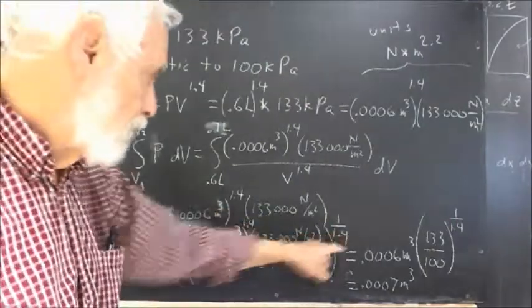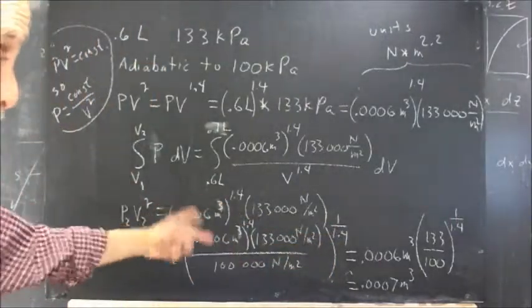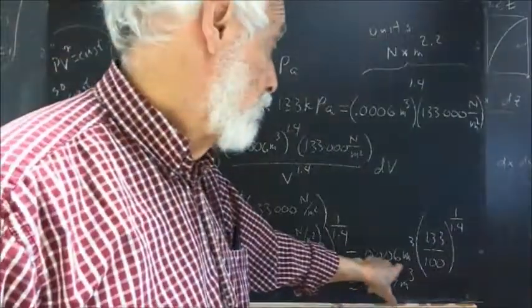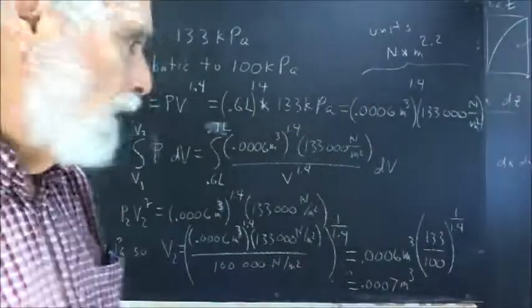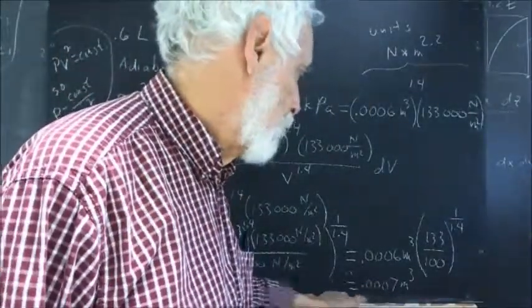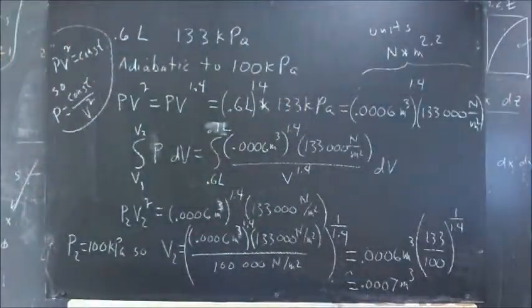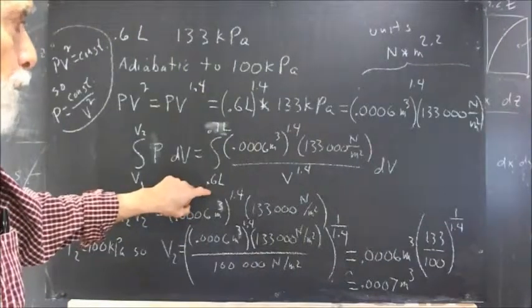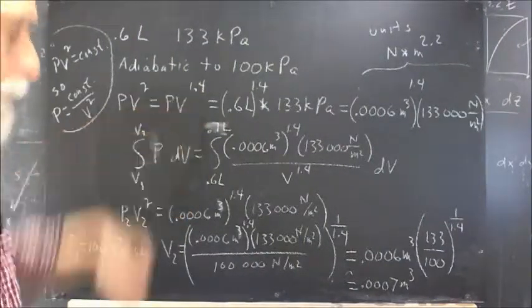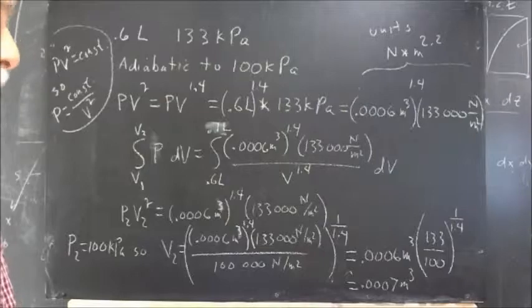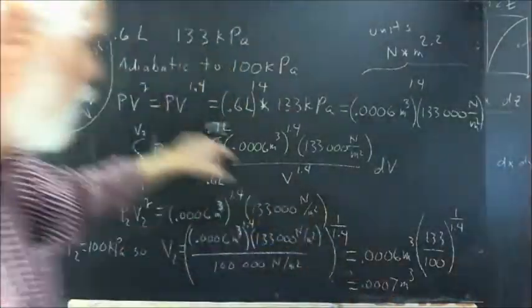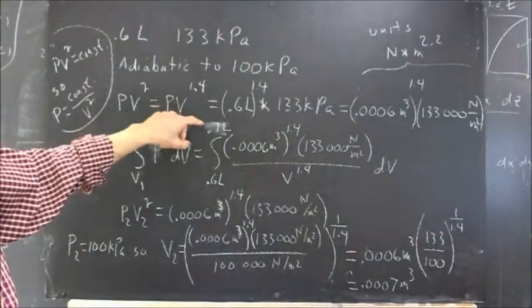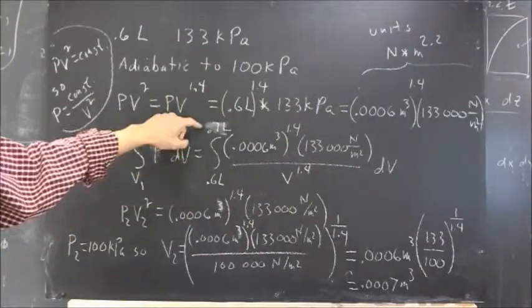The 1 over 1.4 power of the 1.4 power is the first power, so we get 0.0006 cubic meters times this ratio. And then I estimated that, and I got 0.007 cubic meters. So now we have 0.6 liters to 0.7 liters. And that 0.7 is not to be taken seriously. Work it out. That's just a very ballpark estimate, and I probably screwed that one up too.